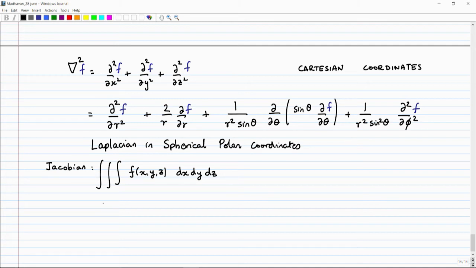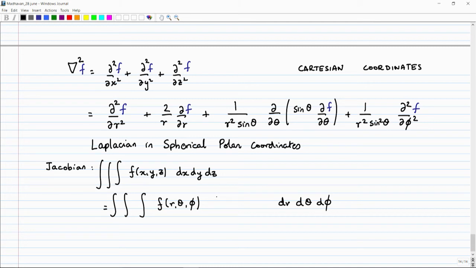Then I can write this as a function of r, θ, φ, and I have the 3 limits. Now instead of dx dy dz I will have dr dθ dφ times some quantity which is called a Jacobian.